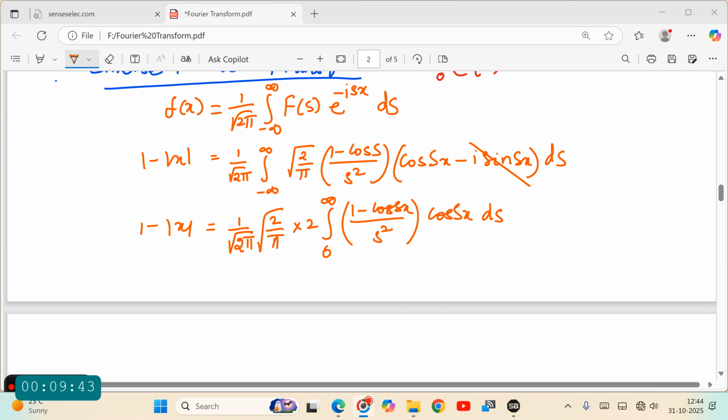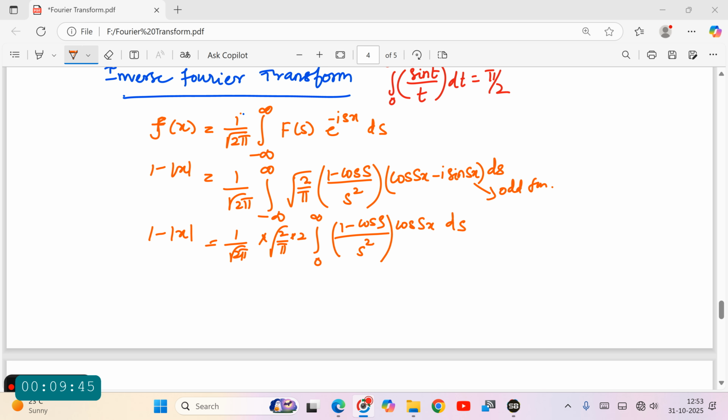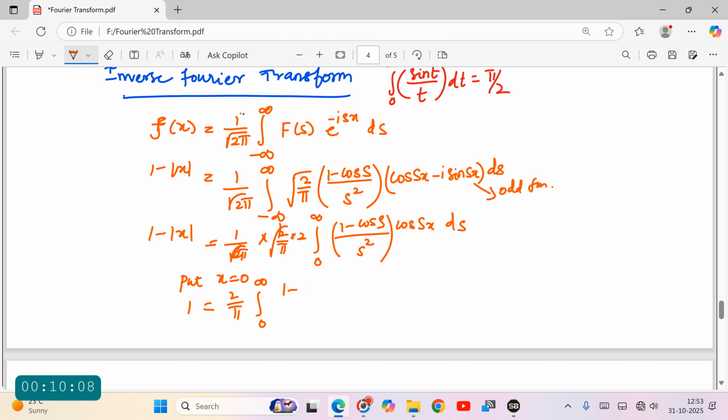Now take x equal to 0 and substitute. On the left side we get 1, and root 2 and root 2 cancel. The numerator is 2, divided by the denominator root 2 times root pi, root pi into root pi is pi, integral 0 to infinity of (1 minus cos s) by s square into cos s times 0 into ds.